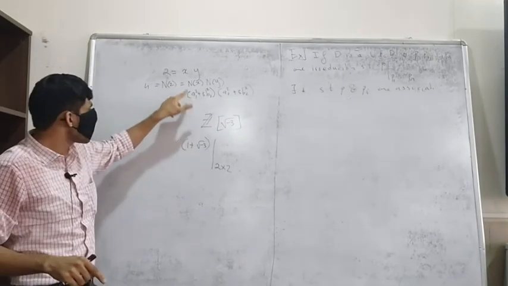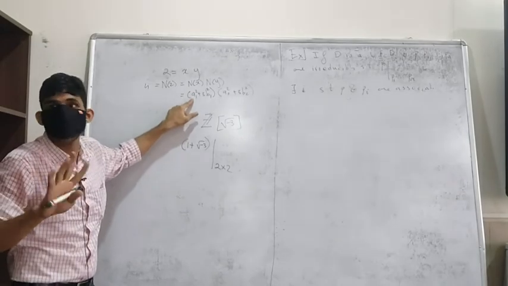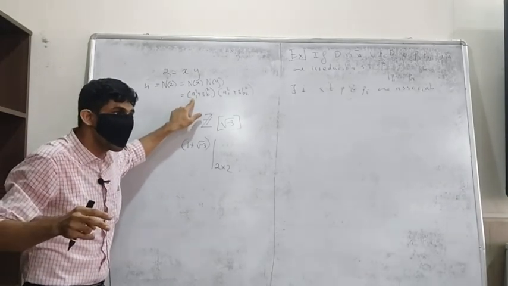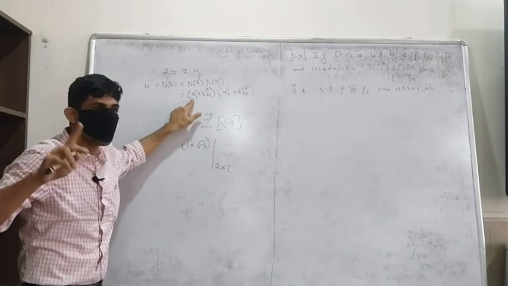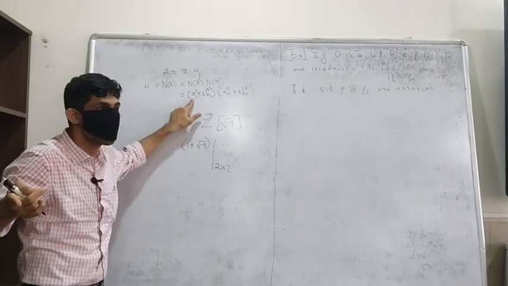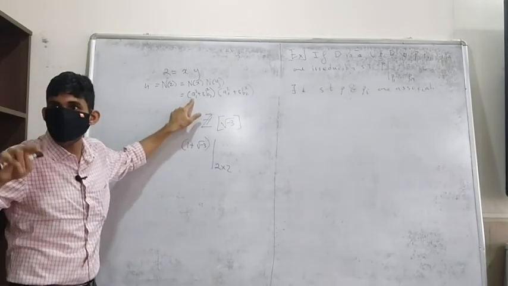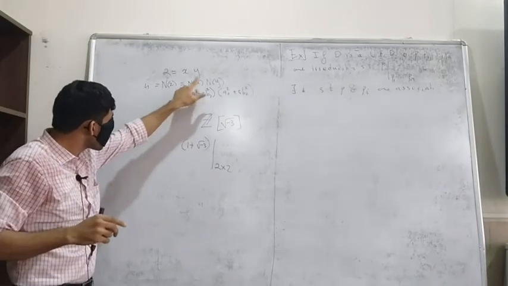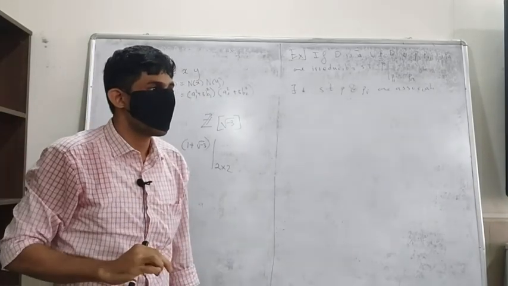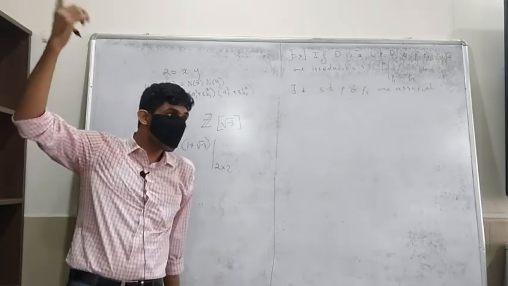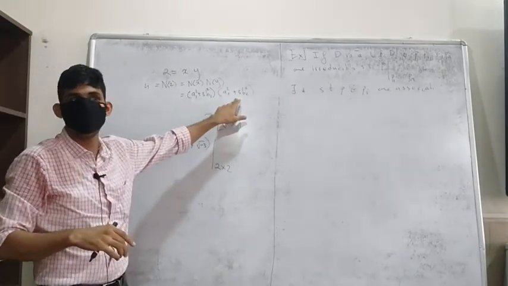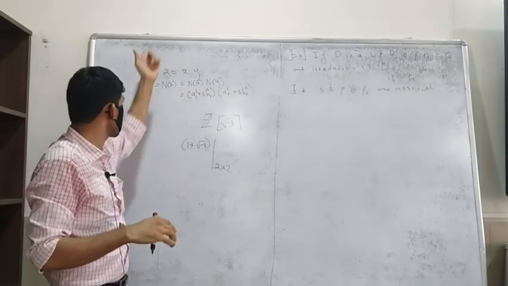Then you definitely know that a1 cannot be plus or minus 1. And if a1 cannot be plus or minus 1, the mod of a1 should be greater than or equal to 2, which means that a1 square should be greater than or equal to 4, and hence the product with something greater than or equal to 4 has to be strictly greater than 4.